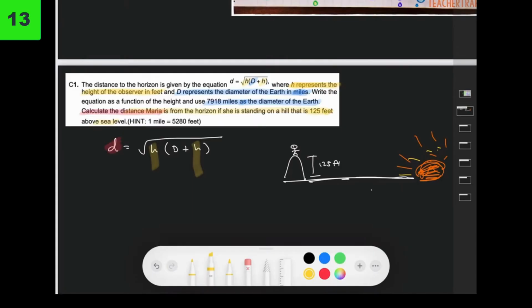Well, we have 125, so let's go ahead and put that in there. Okay, we have to pay attention now. We're measured in feet for right now. And d, they're telling us, is the diameter of the Earth in miles.